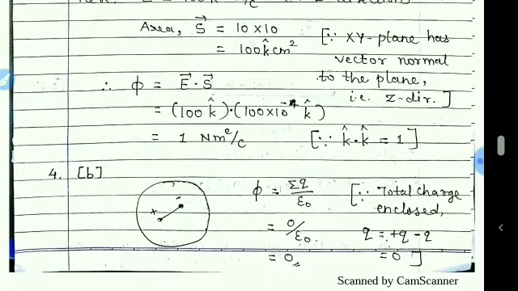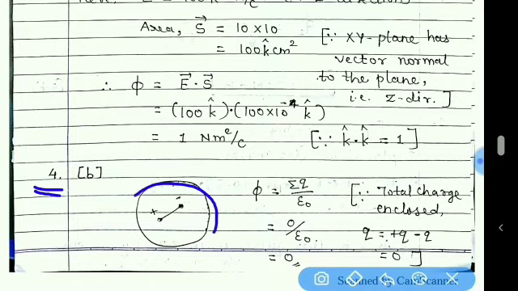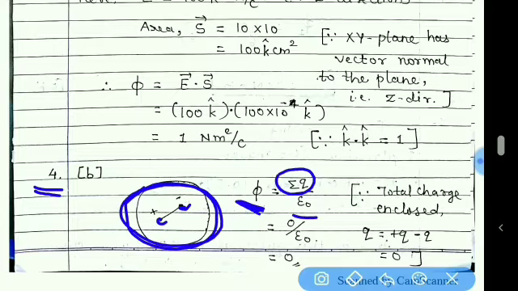Now next, in MCQ 4 there is a sphere and a dipole is kept inside it, and we want to find the flux passing through, or the flux linked with, this sphere. Now we know that the formula of flux in terms of charge is total charge upon epsilon naught. This is nothing but Gauss law.